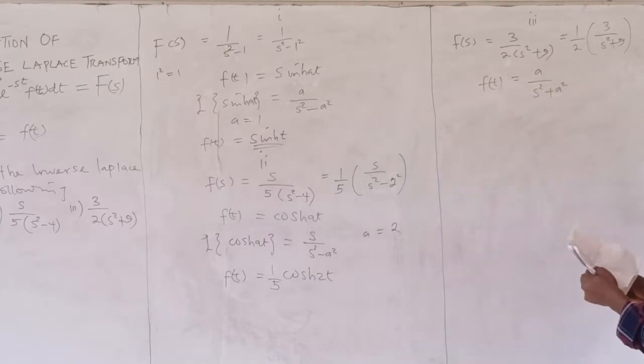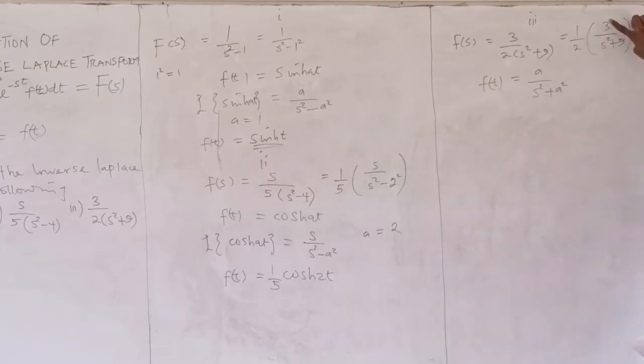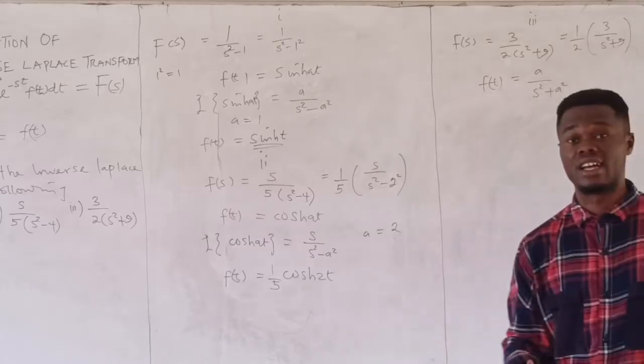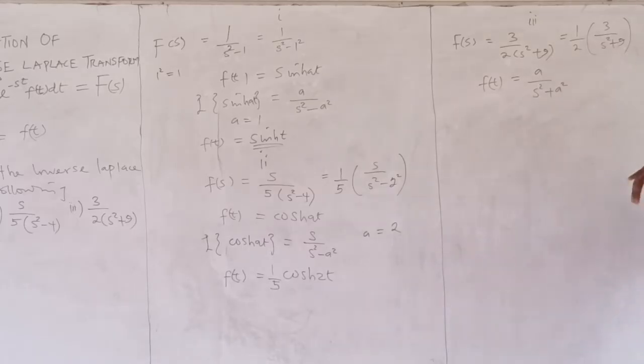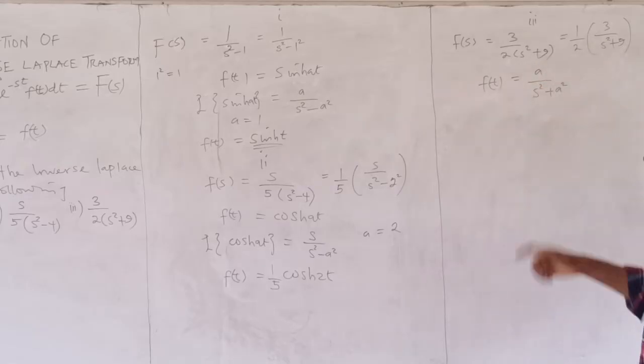So this is what we have, right? How can you easily determine these functions? Just look at the numerator, look at the denominator. As you can see, 3 squared will give us 9, right? If you square 3, you are going to have 9 as your answer. That means this kind of function resembles this, right?